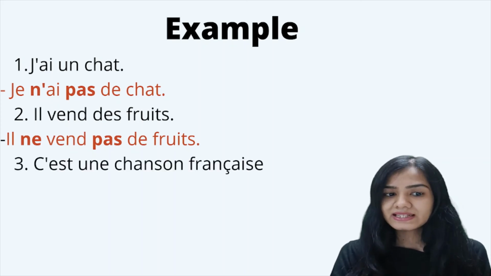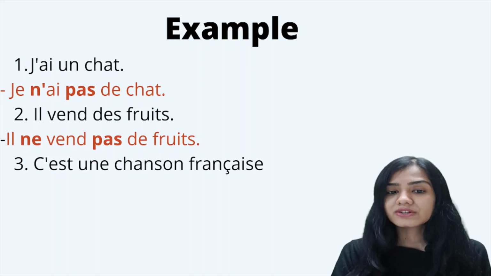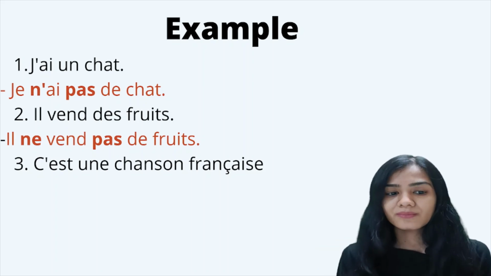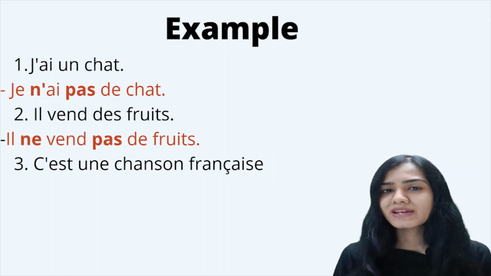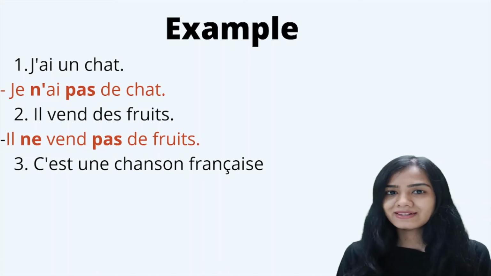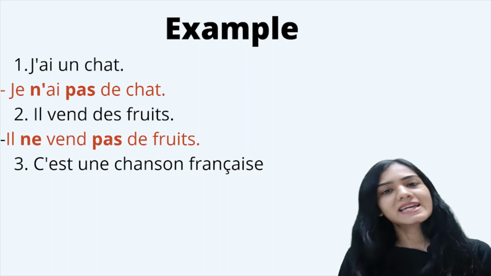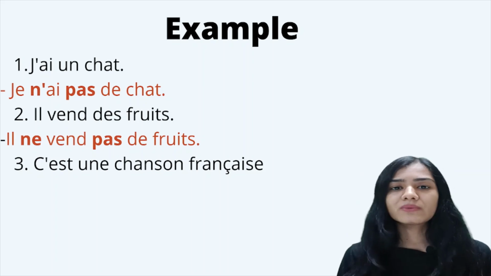Third sentence, c'est une chanson française. This is a French song. If you pay attention over here, we have the conjugation of the verb être, c'est. So in this case, une is not going to convert to de or d apostrophe. It will remain the same.